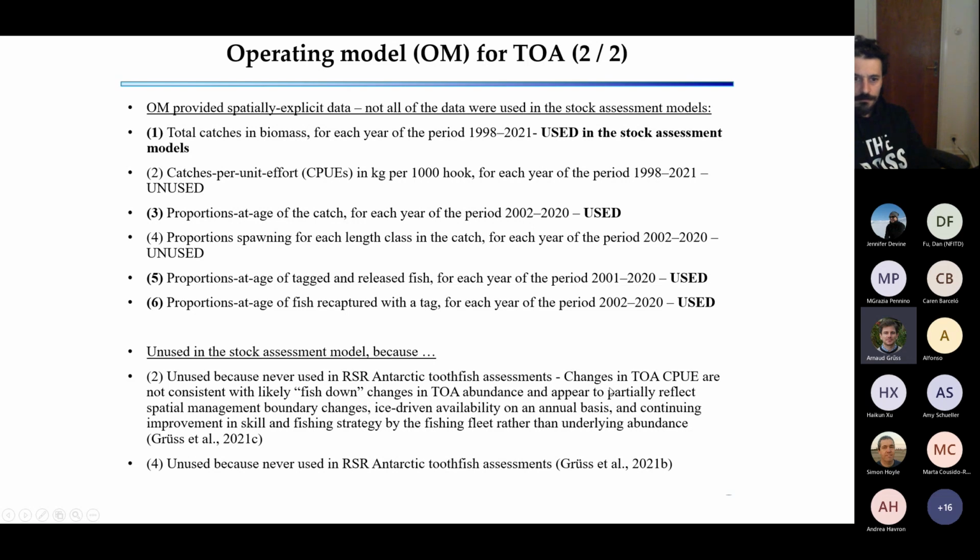There is a belief in our New Zealand fishing group that the changes in Antarctic toothfish CPUE are not consistent with the likely fish-down changes in toothfish abundance, and they appear to partially reflect spatial management boundary changes, ice-driven availability on an annual basis, and also the continued improvement in skill and fishing strategy by the fishing fleets. So all these rather than the underlying toothfish abundance.